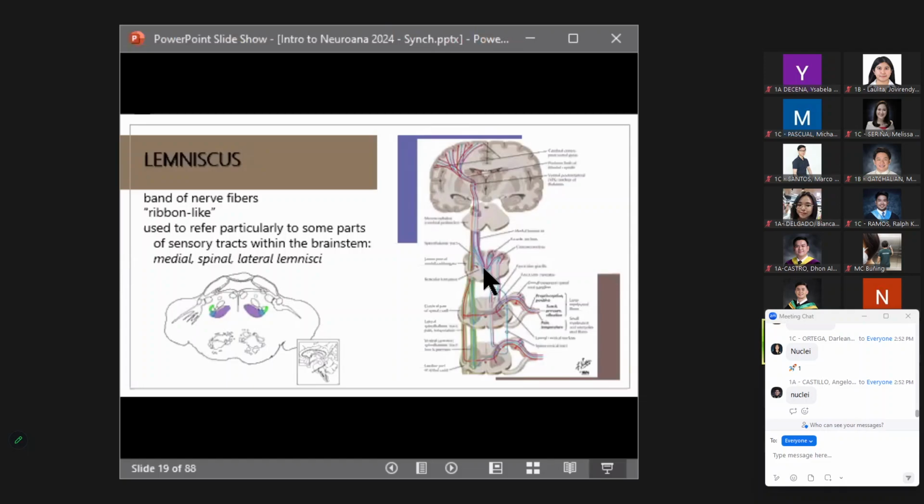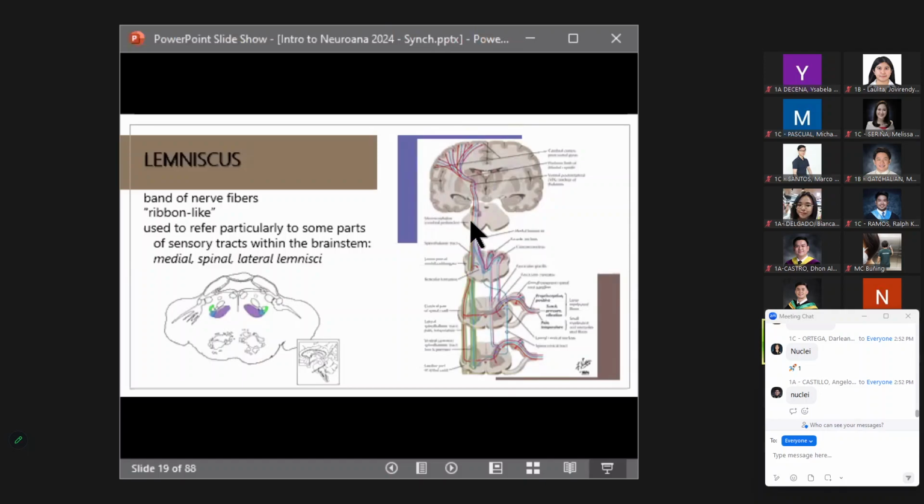Because they appear to go together like a band, each one is called a lemniscus. They go up the brainstem until they reach the area of the thalamus, right smack in the middle of the cerebral hemisphere.